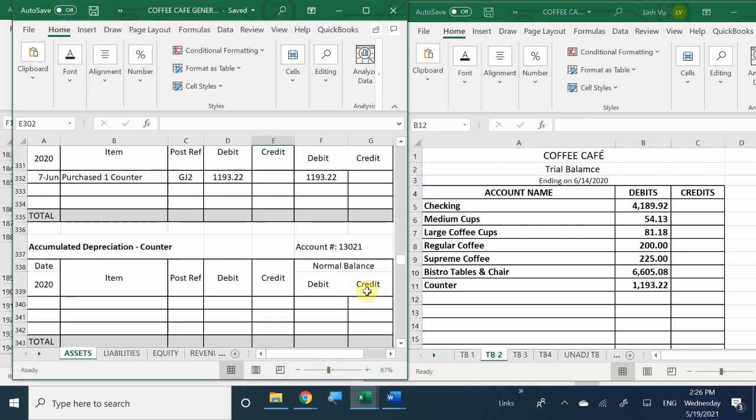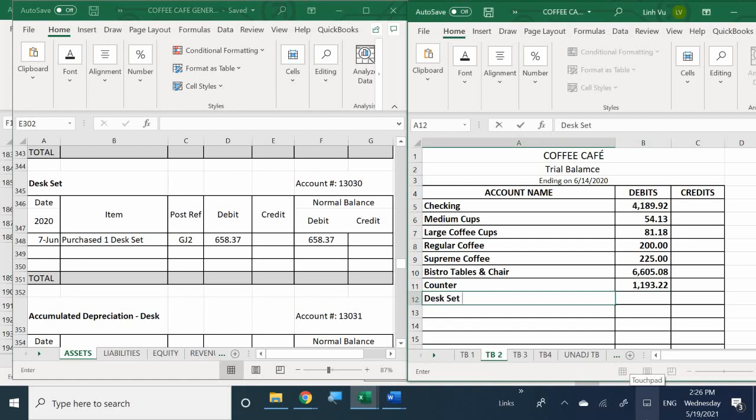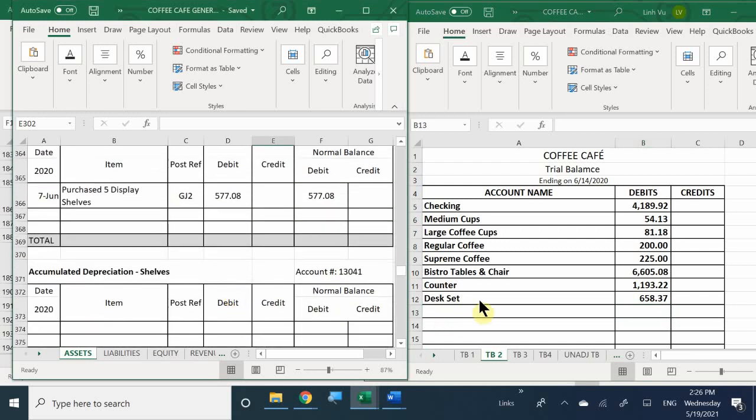Okay. No depreciation yet. Do we have a desk set? Yes, for $658.37. All right, next, do we have display shelves?